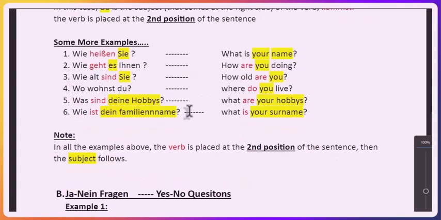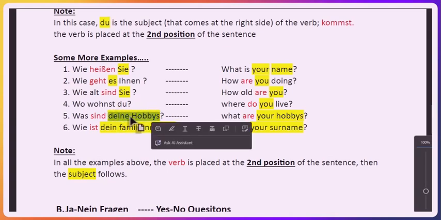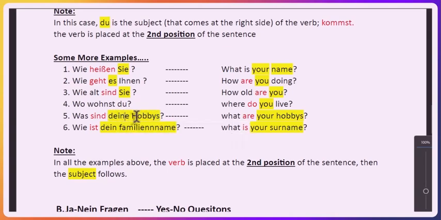Okay, some examples with W-questions. What is your name? Wie heißt du? How are you doing? Wie geht es dir? How old are you? Wie alt bist du? Where do you live? Wo wohnst du? Hobbies.